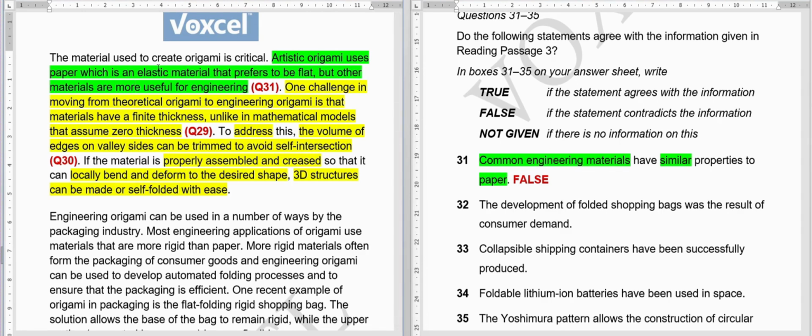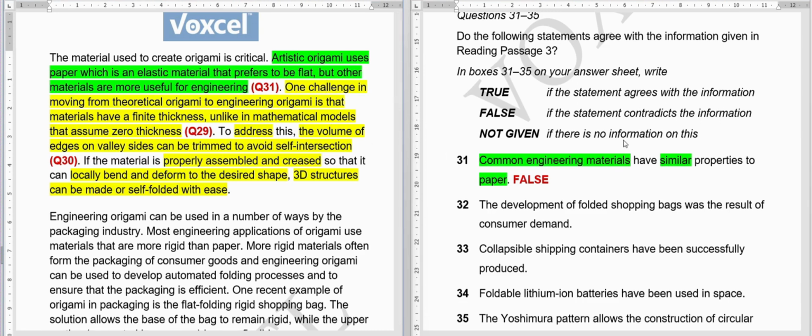So we don't need paper for this, we need other materials. I hope it is clear. So the connector but is very important to understand. It is used for contrast. So we have paper on the one side, but we don't need paper, we need other properties that are more important for us. We don't need this property.